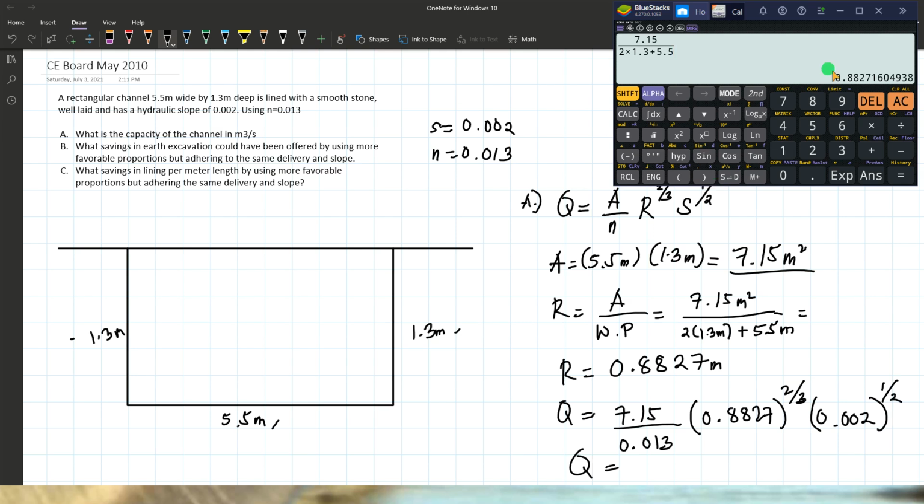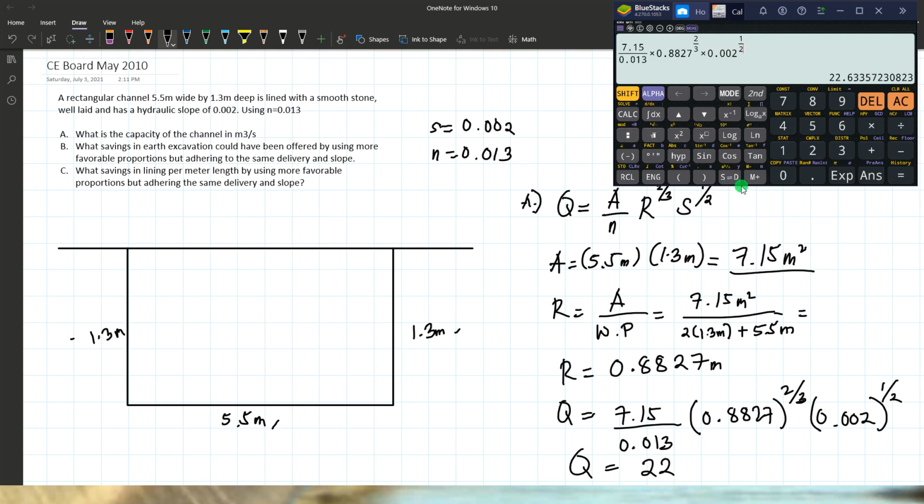So the Q is 7.15 divided by 0.013 multiplied by 0.8827 raised to 2/3 times 0.002 raised to 1/2.